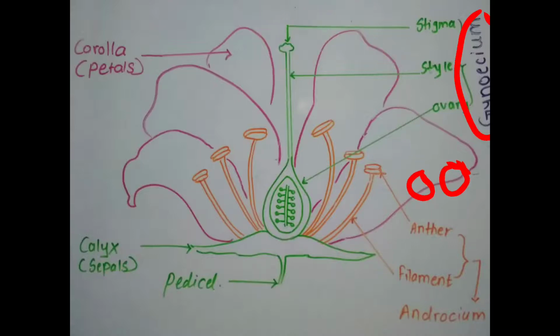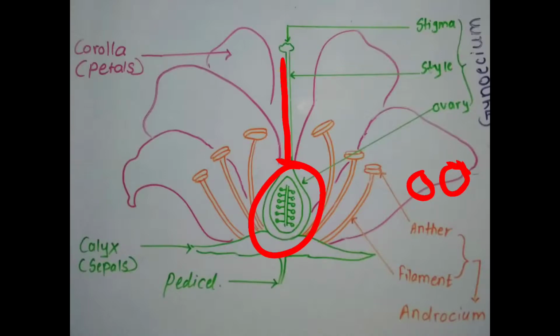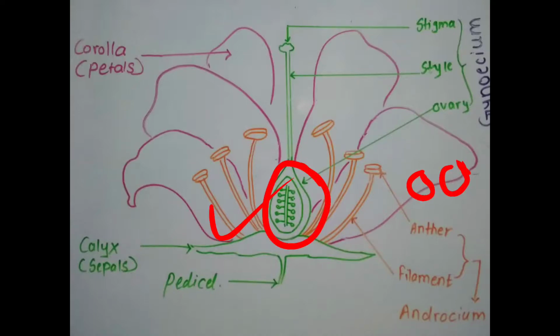So this is the role of stigma. What is the role of style? Style carries the pollen nucleus towards the ovary. So this is the connecting part between stigma and ovary, right? The ovary contains one or many ovules. In one of the ovules, the female egg cell is present, to which the pollen nucleus reaches through the style.